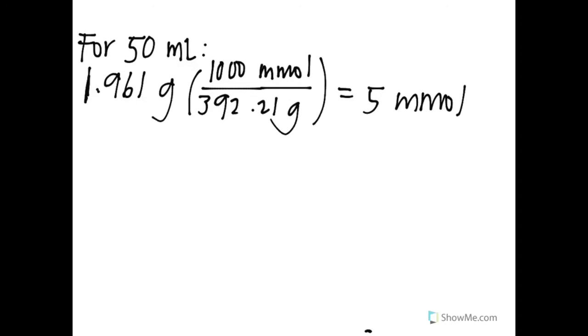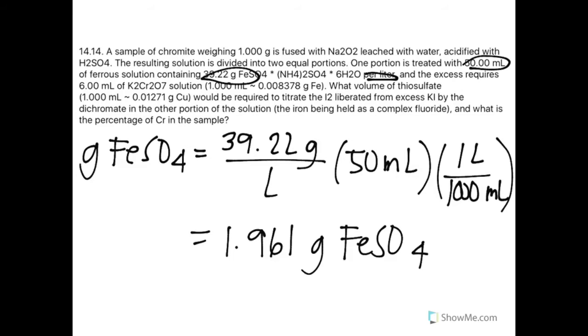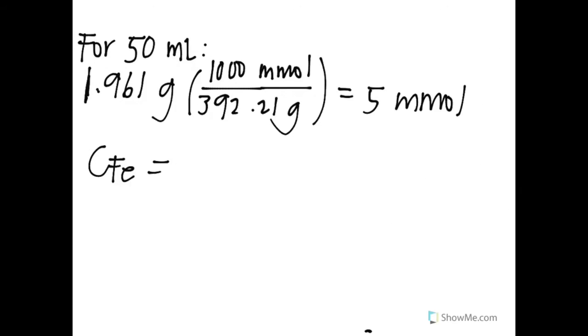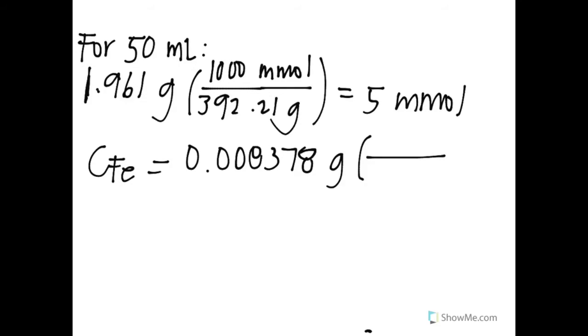So next is to get the concentration of the iron. We are given here the number of grams of the iron and the volume, so we use this to get the concentration. So 0.008378 grams divided by the formula weight of the iron, which is 55.85 grams.